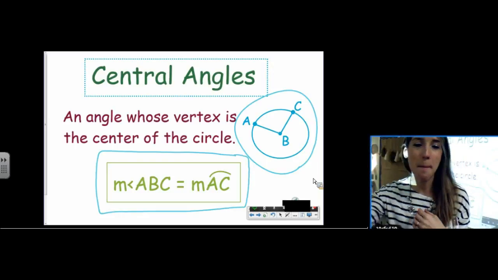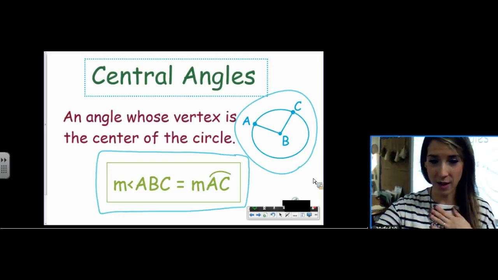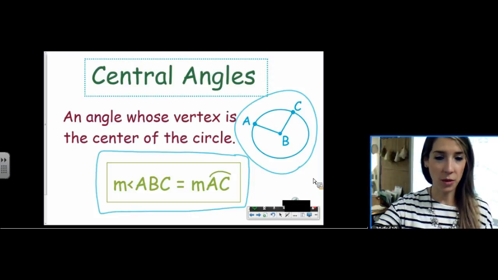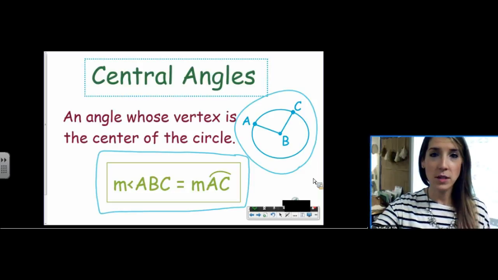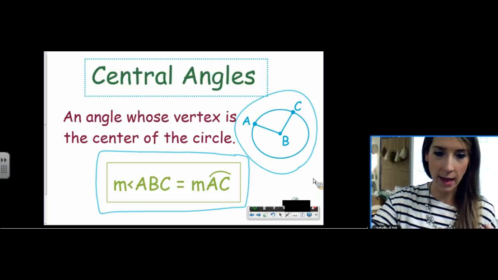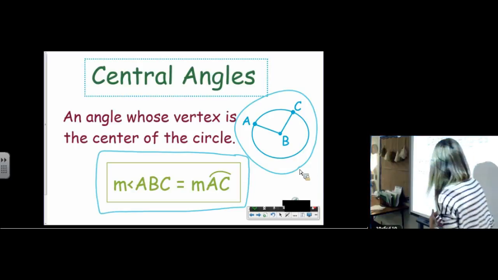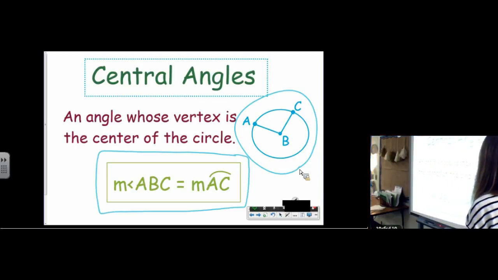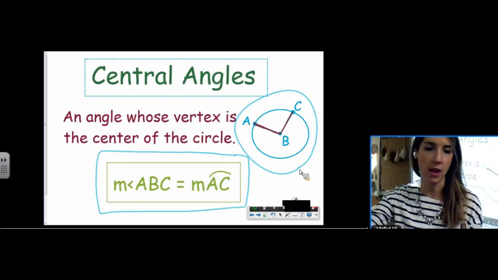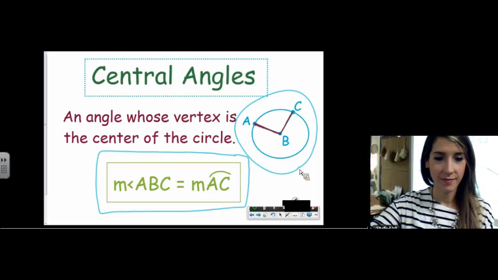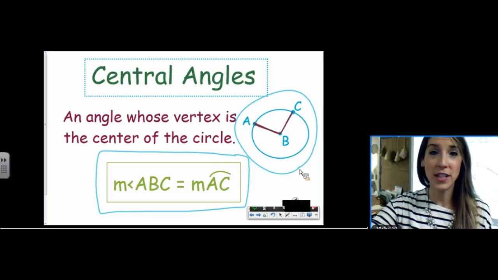Notice how it says the measure of the central angle is equal to the measure of its intercepted arc. So I'm using certain vocab, and we're going to talk about what that means. So, why is ABC a central angle? It's all about the vertex.